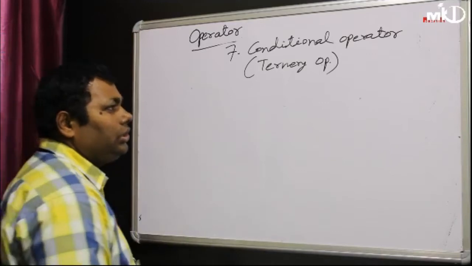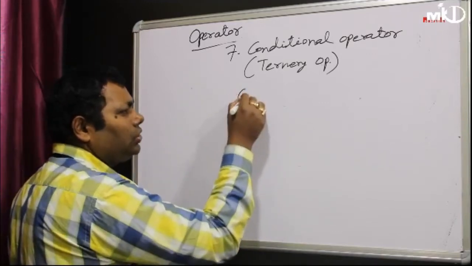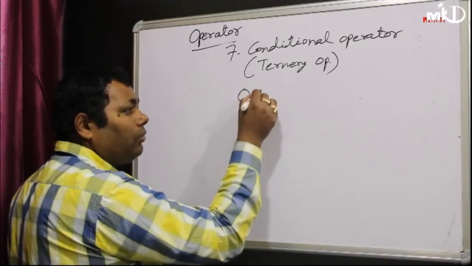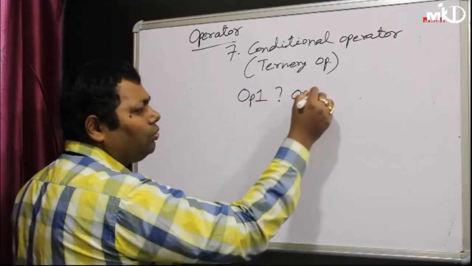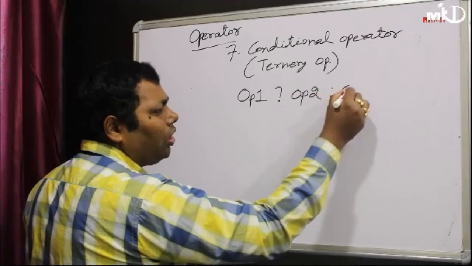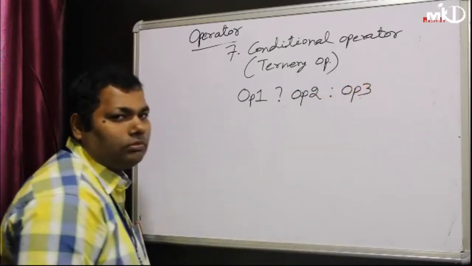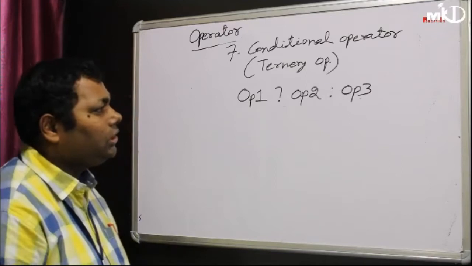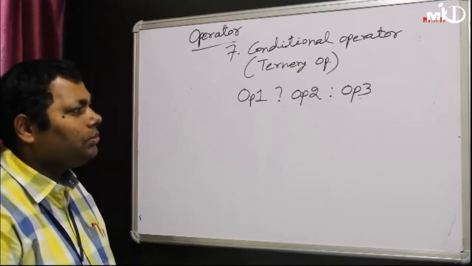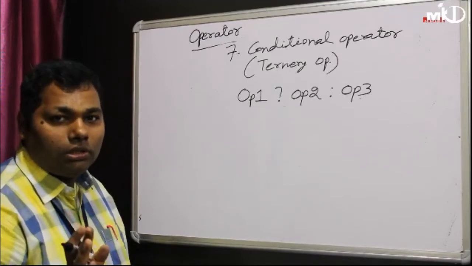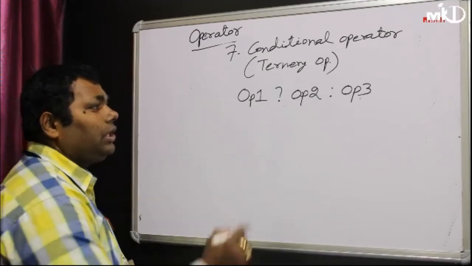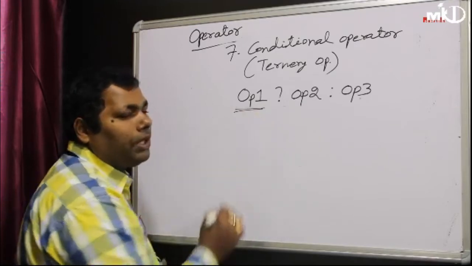The syntax for the conditional operator is operand 1 question mark operand 2 colon operand 3. Clear? First it evaluates operand 1.